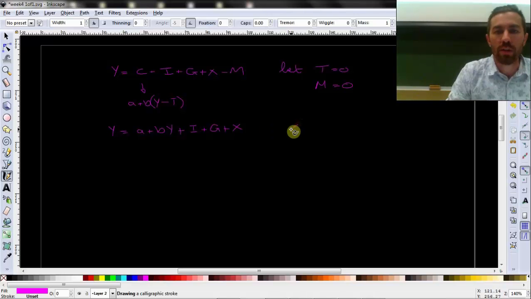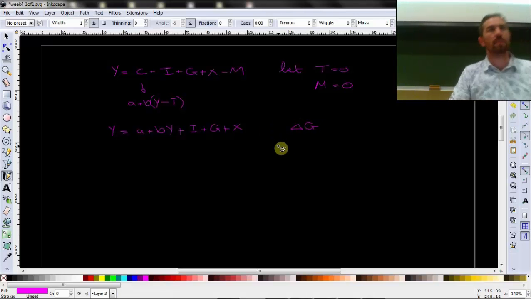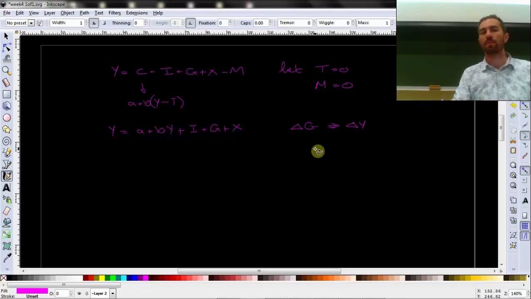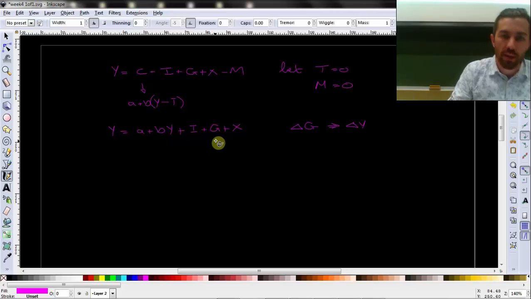Now, let's say we want to change G. If we change G, it's going to have some impact on Y. It's going to change Y. Correct? But the way that our equation currently sits, if we increase G, for example, that increases Y. However, that increase in Y also increases C, which increases Y, and so on.